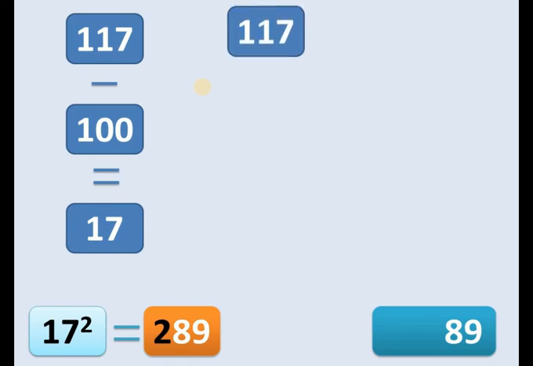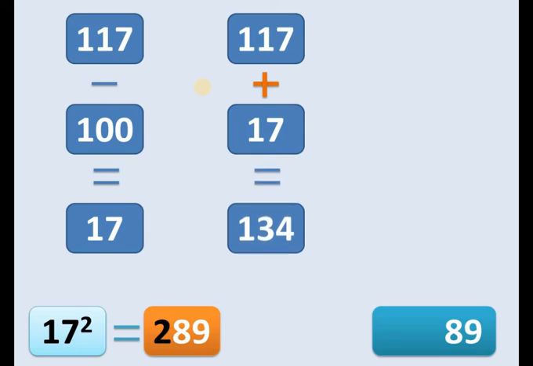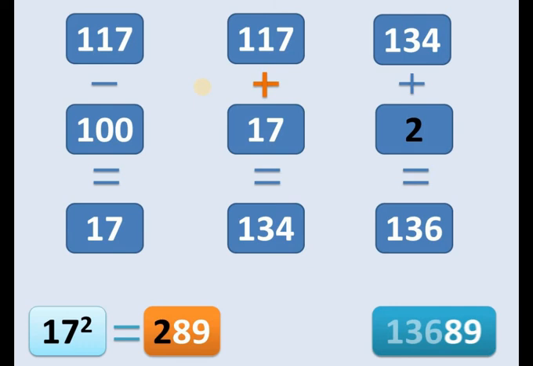To move towards the second part, 117 plus the difference to get 134. Now the extended version of the second part, 134 plus the carryover 2. So the result is 136. This is our later part of the answer. So 117 square is 13689.